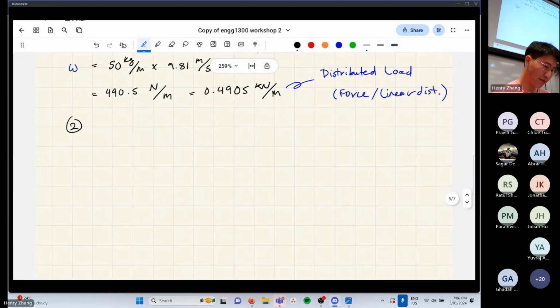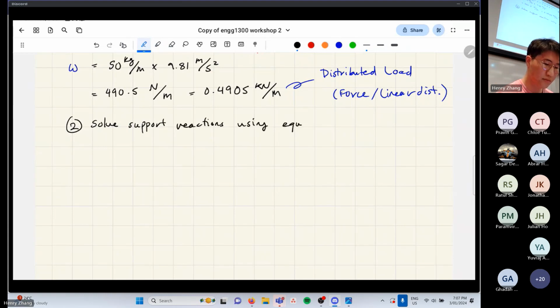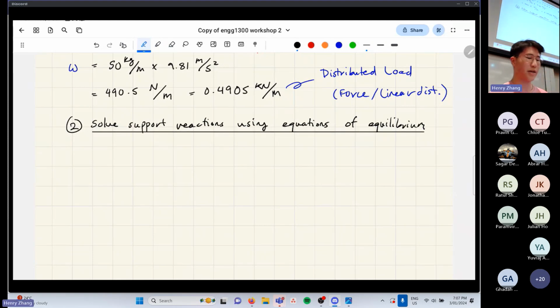So essentially, here's the second step. We're going to solve for the support reactions using equations of equilibrium, right? Sometimes it's called EOE as an abbreviation. Okay.